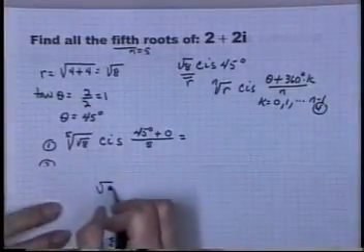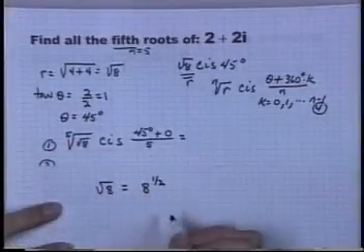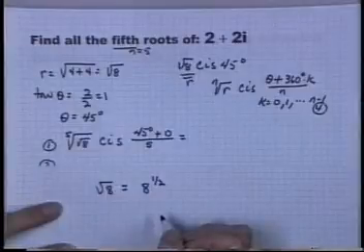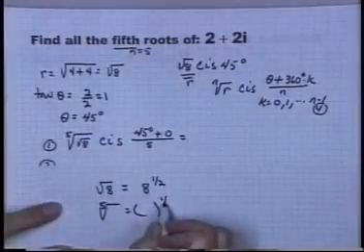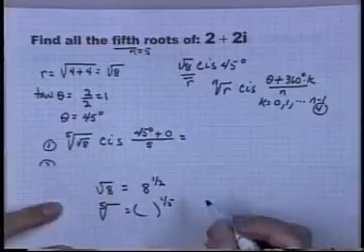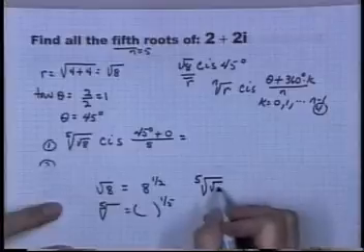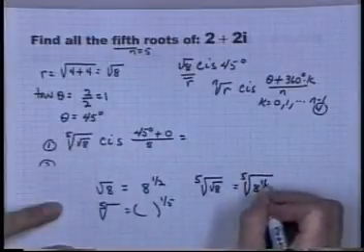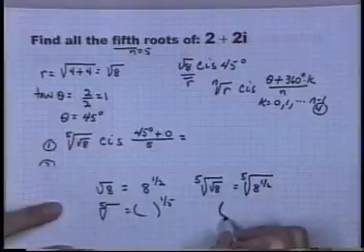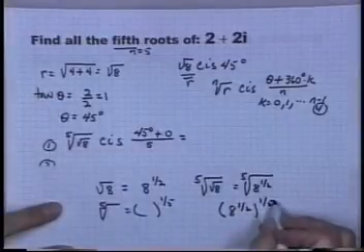Okay. Well, let me talk a little bit about simplifying this before we do some of these other angles. Recall that the square root of 8 can be written 8 to the 1/2 power. Do you remember that? And a fifth root of something is to the 1/5 power. So if I have the fifth root of the square root of 8, I have 8 to the 1/2 to the 1/5.